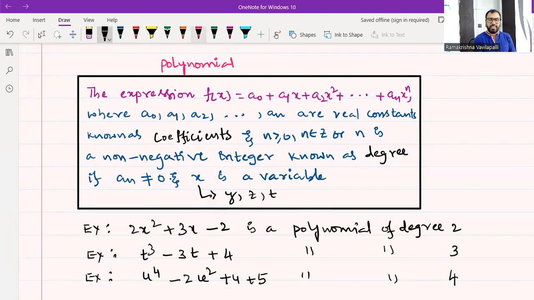Now, specifically, what do we call this an? an is known as the leading coefficient.